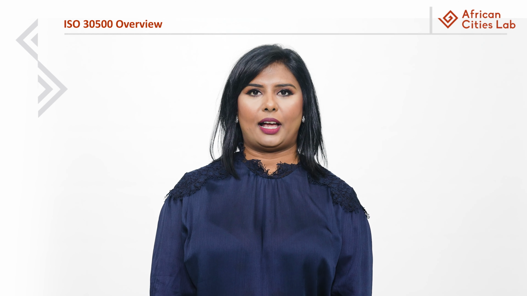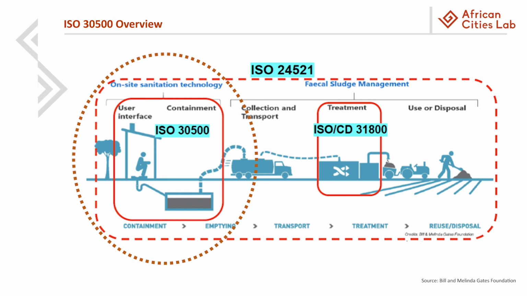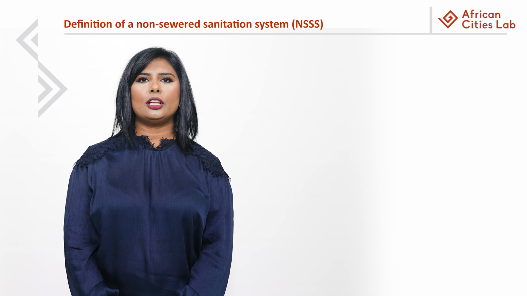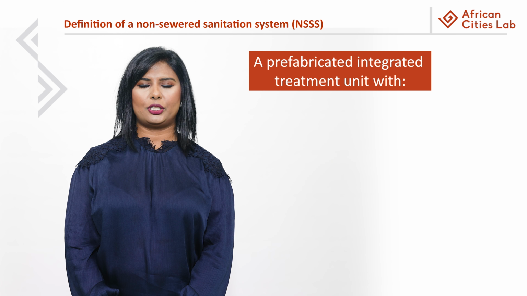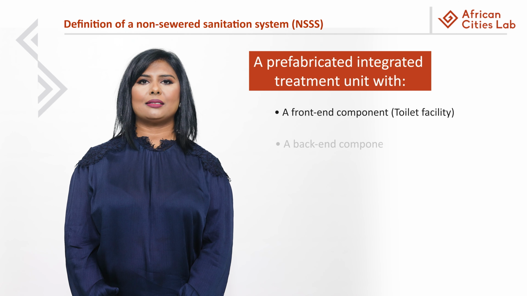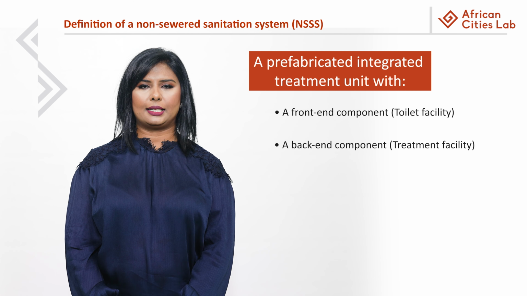Revisiting the sanitation value chain, non-sewage sanitation systems are designed to contain, treat, and allow for the safe reuse and disposal of the treated outputs on-site. That is, none of the fecal material is transported off-site for treatment like other on-site sanitation technologies such as pit latrines. By definition, a non-sewage sanitation system is a prefabricated integrated treatment unit which can have a front end, which is the toilet facility, but must have a back end, which is the treatment facility.